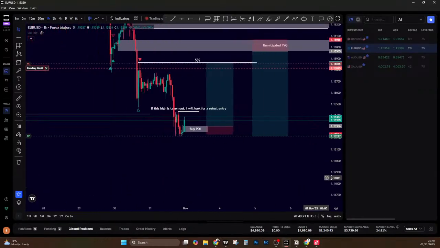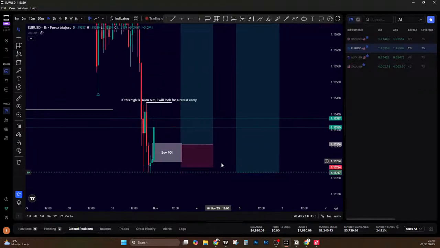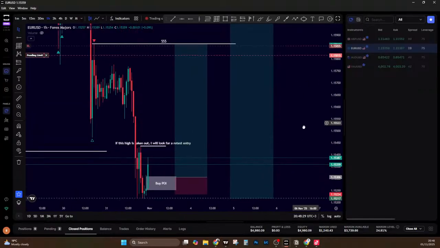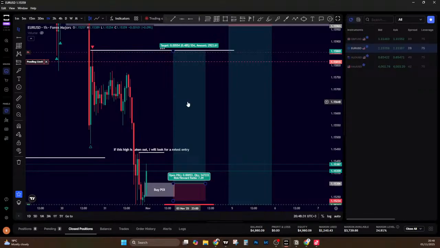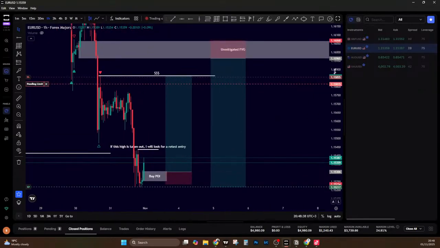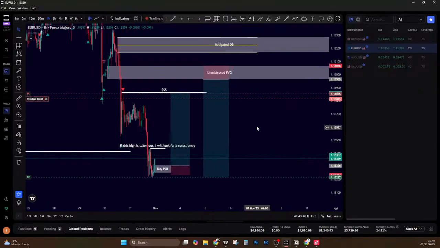You see, for example, this move here. Once I get the confirmation, I will just risk like $5 and target this, which is $55. Because of my strategy, the risk to reward ratio is about 1 to 47.